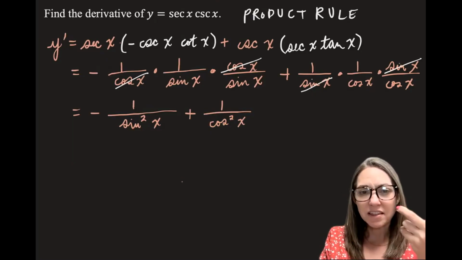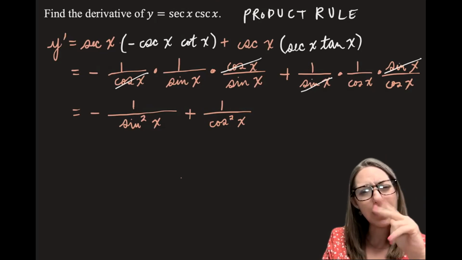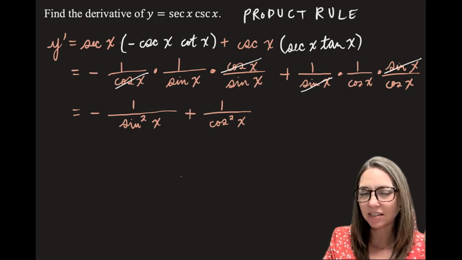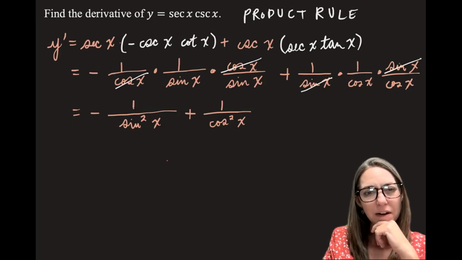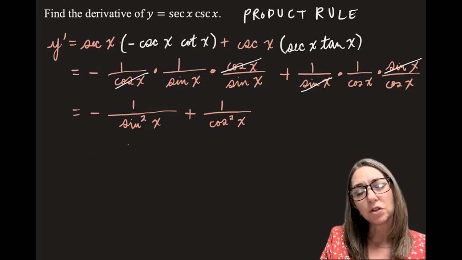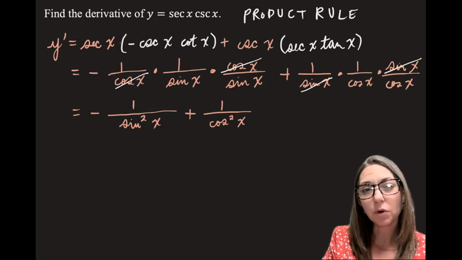So we could leave it like that. We could get a common denominator, or at this point, if we convert back into cosecant and secant, you might be able to use an identity, but I don't think so. So you could stop here. But I think what I'm going to do is get a common denominator real quick and see if I can make it simplify a little bit more.